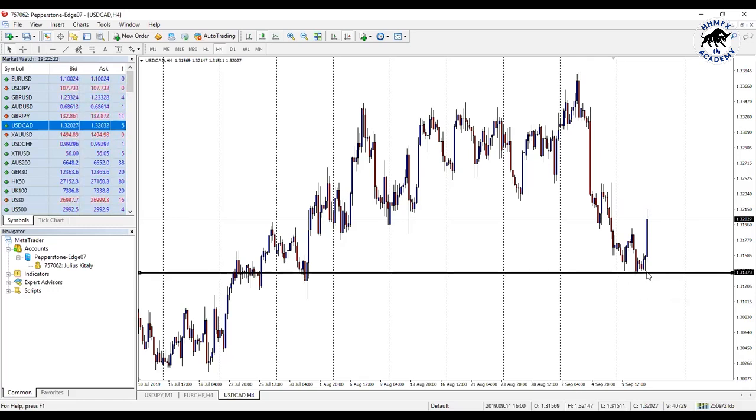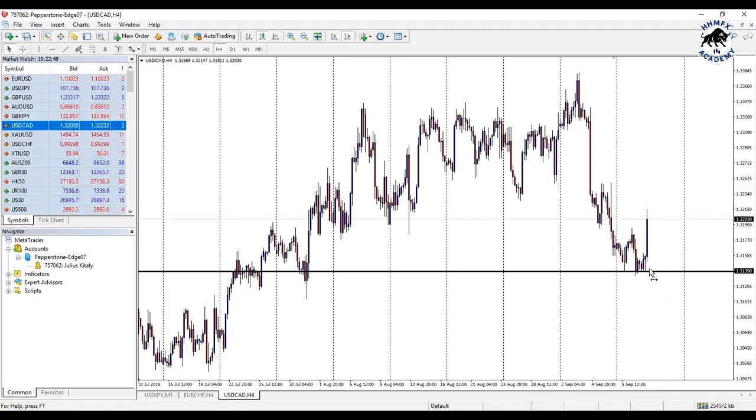If you draw it there, it represents this pullback here. It also represents this pullback here. So this one represents this junction and this junction here. You see what I mean, guys? This line that we have just drawn here represents this junction and this junction. So here is where we find support.